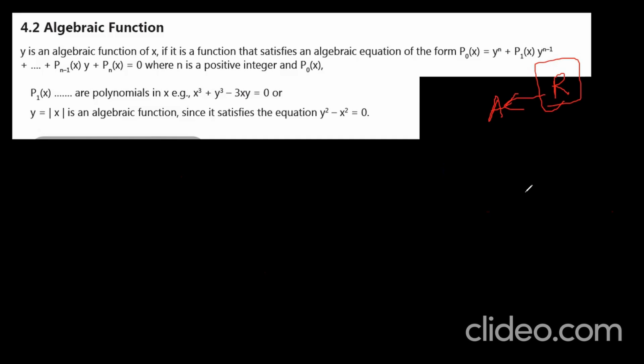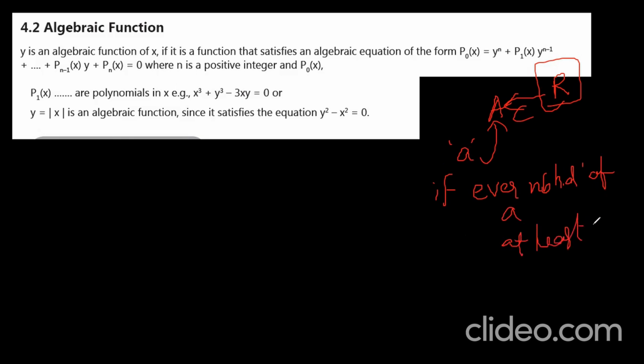I take a point a. a is said to be a limit point of A if every neighborhood of a contains at least one point of A other than a. Then you can say that a is a limit point of set A.